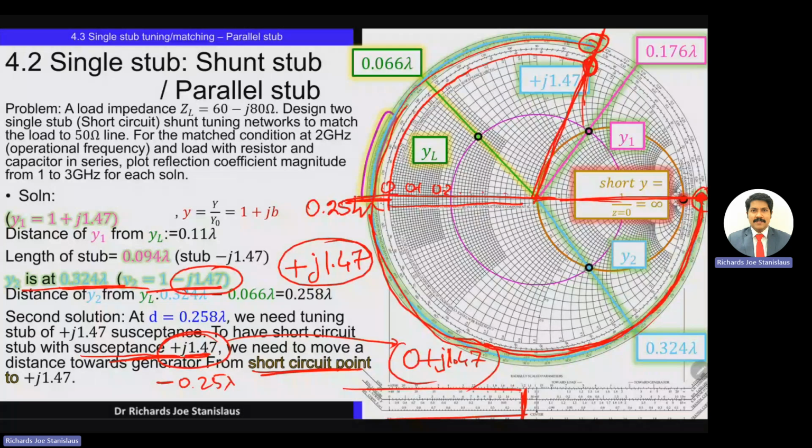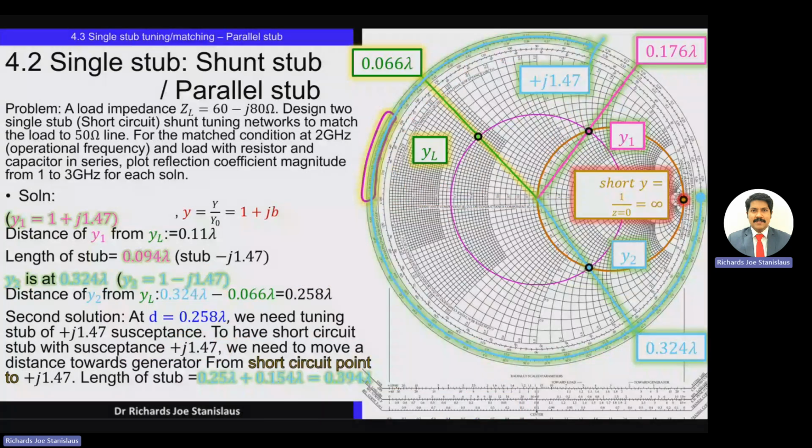And then from here, an additional length of whatever is given on the top scale is moved. So the net distance that we have moved is 0.25 lambda plus 0.154 lambda from the short circuit point to reach the final point. So from the short circuit, we need to move along the transmission line for a distance of 0.394 lambda.